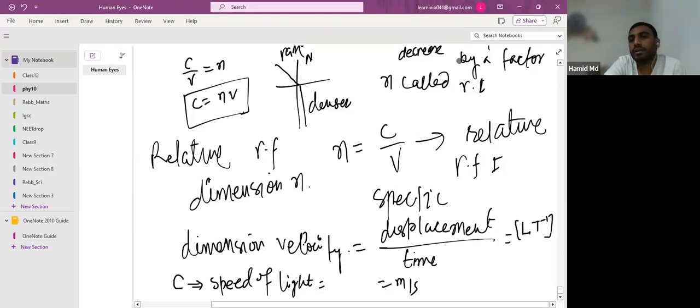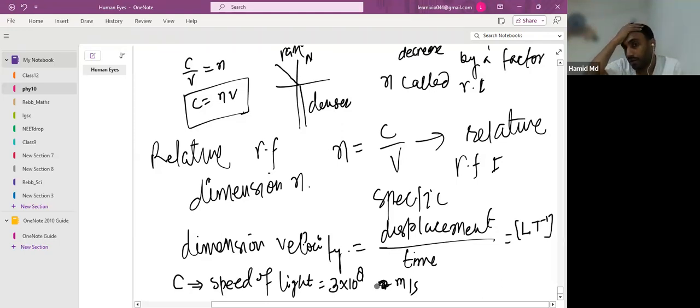What is the speed of light? You guys are not doing revision at all. What is the value of c? The speed of light is 3 into 10 to the power 8 meter per second.